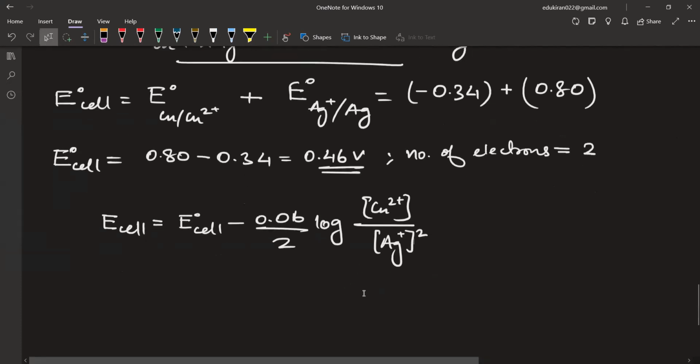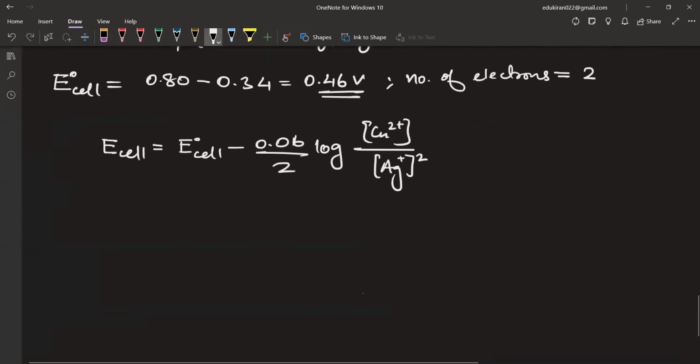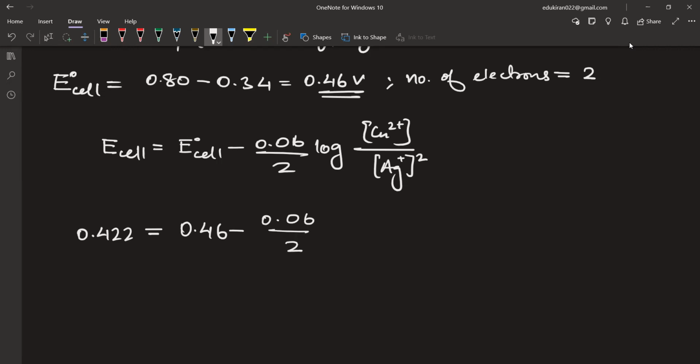Now you will plug in the values. How much is E cell given? 0.422 minus the E naught cell, which is 0.46, minus this value: 0.06 divided by 2 log of the concentration of copper, which is given as 0.10.